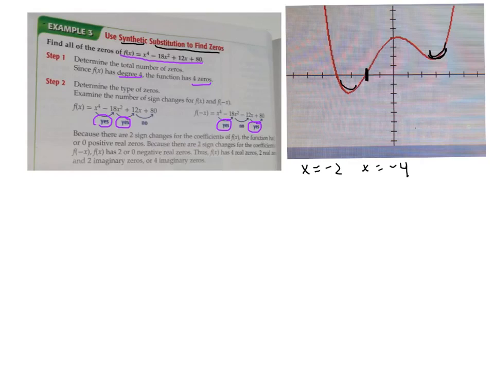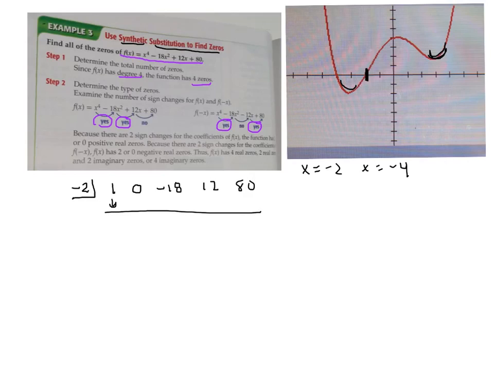So what am I going to do? I'm going to take my first zero, which is negative 2, and I'm going to set up synthetic division. The coefficient of x to the fourth is 1. Coefficient of x to the third is 0. Coefficient of x squared is negative 18, and then 12, and then 80. And I should get 0 remainder because it is a zero.